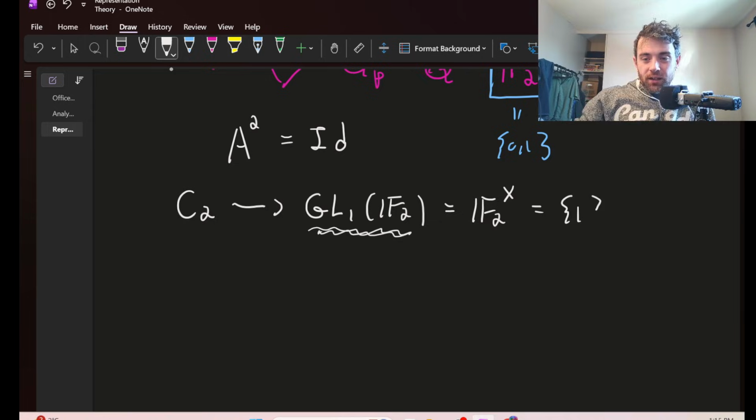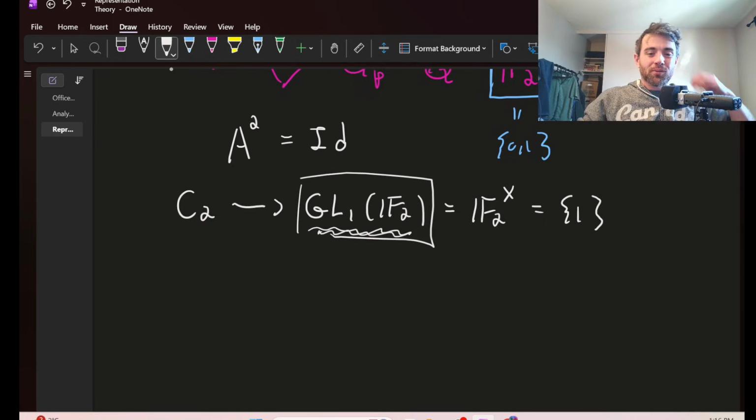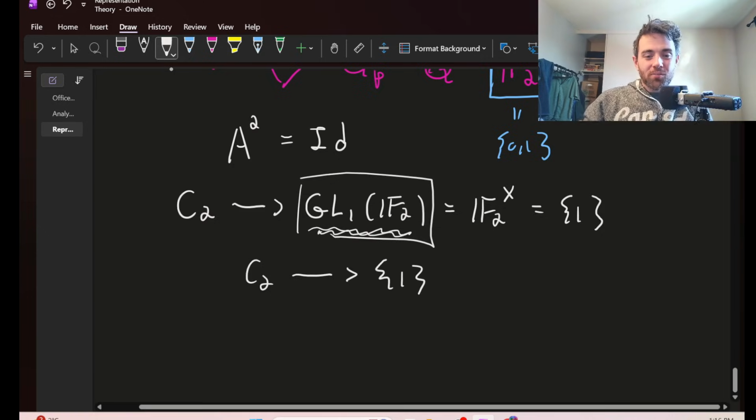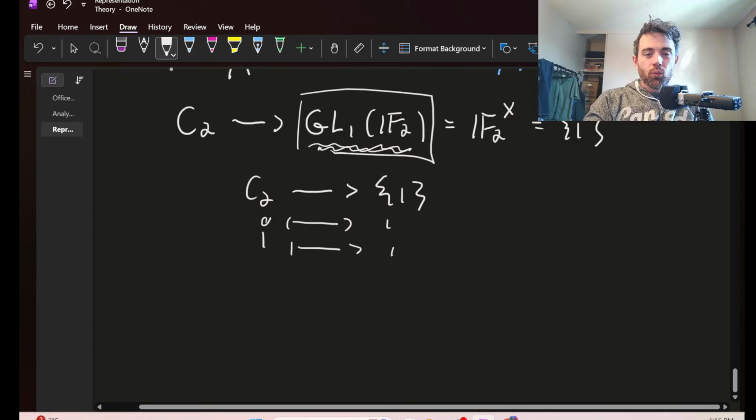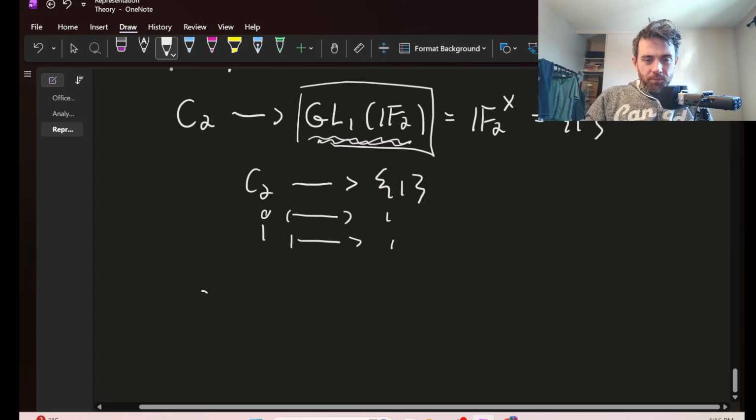So again, actually, our hand is kind of forced here. In this case, this is just the trivial group, right? So in the one-dimensional case, what is the representation given by? We're just sending, of course, 0 and 1 both to the identity in this group, which is 1. Okay. What about bumping this up to GL2?